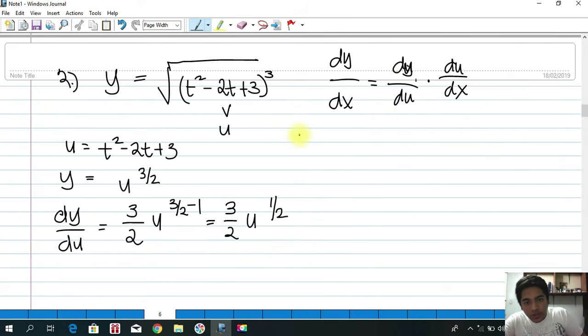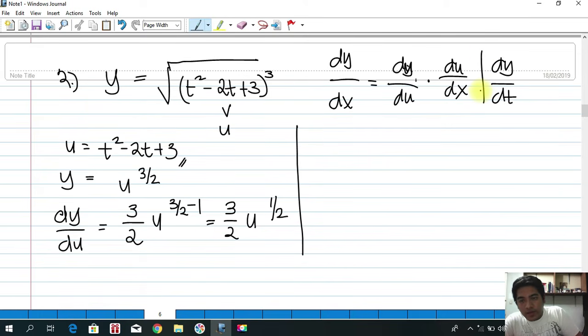But how about du over dx? Our u is this, so we shall differentiate that. Since our parameter here is in terms of t, du over dx will simply be replaced by du over dt. Usually if we find the derivative, it is with respect to x, but this time we need the derivative of y with respect to t.